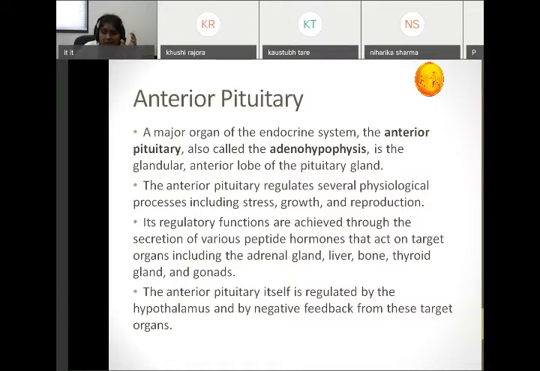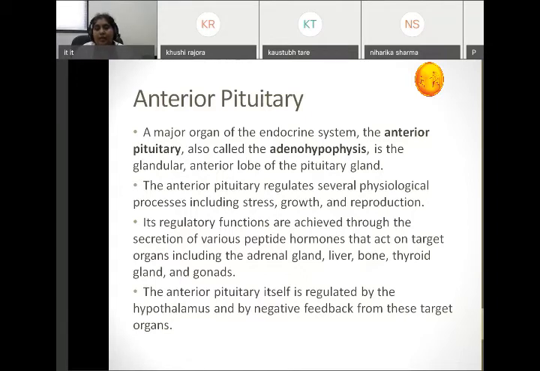Remember that I already repeated in the previous lecture that every hormone has a target organ. Like the suprarenal gland, the adrenal gland, our target organs are the adrenal cortex and adrenal medulla. The anterior pituitary itself is regulated by the hypothalamus. And remember, please, regulation of hormone is very, very important.